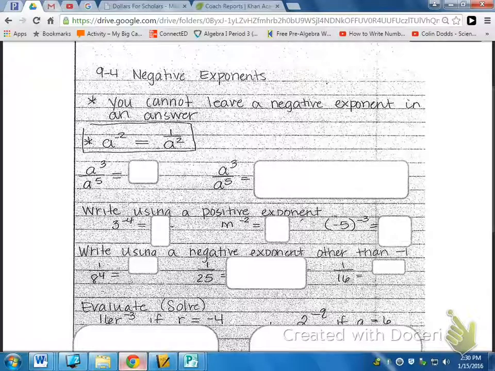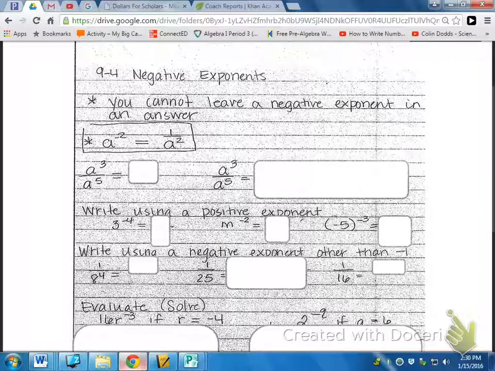Lesson 9.4, negative exponents. So we've had some experience with exponents and what they mean, and now we're going to add negative exponents to the mix.